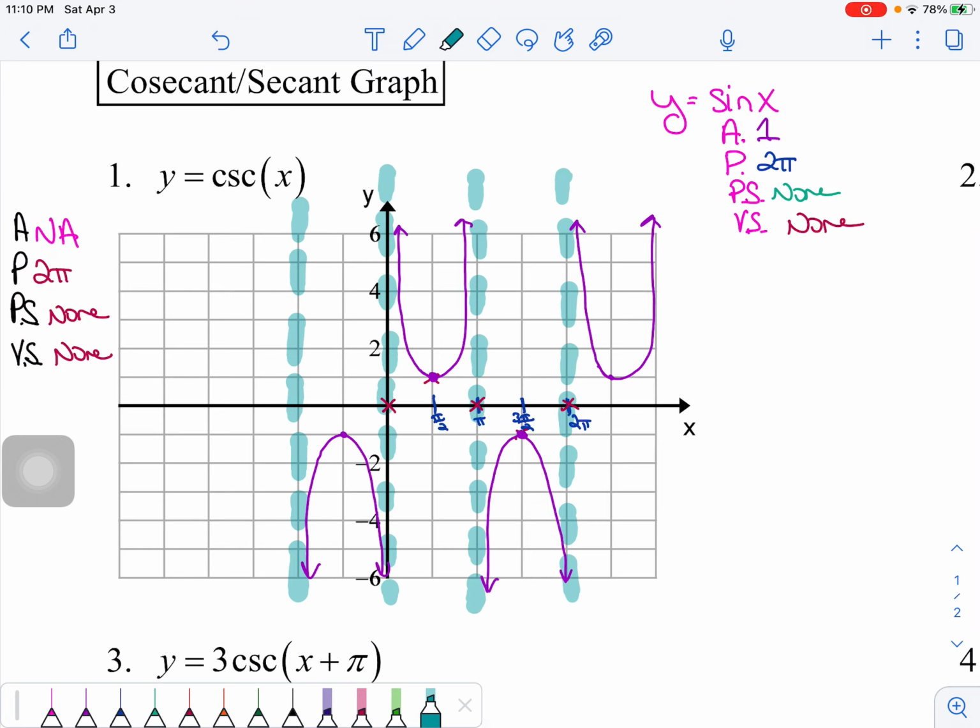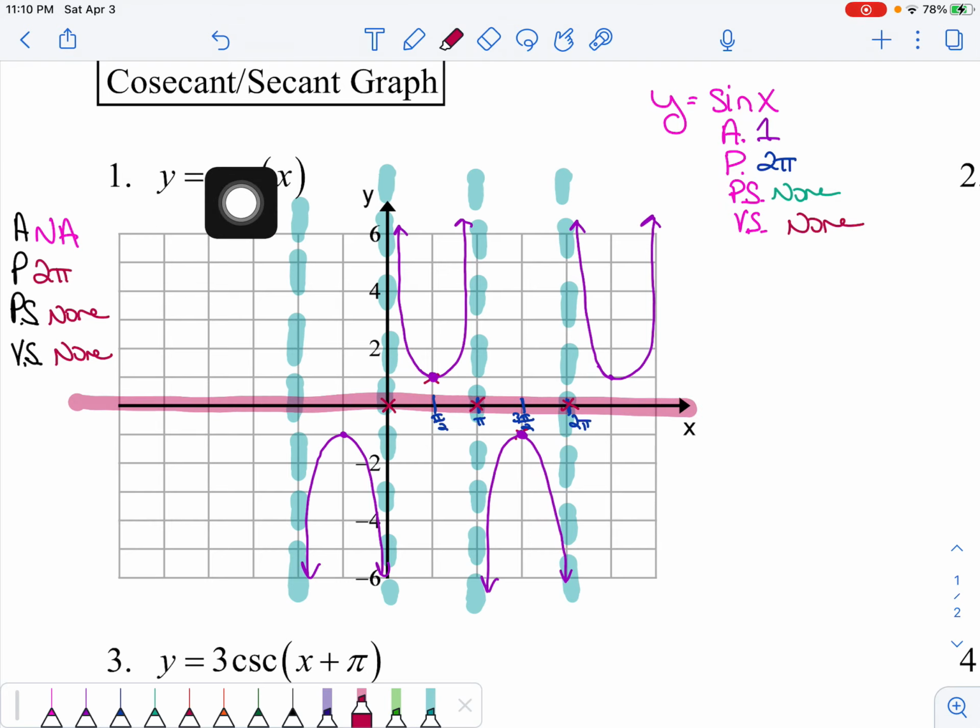So I want to revisit really quickly why I said that amplitude does not exist or is not applicable. Amplitude is defined as the distance to the maximum or minimum from the midline. Now, our midline in this case, I'll use the red highlighter here, is the x-axis.